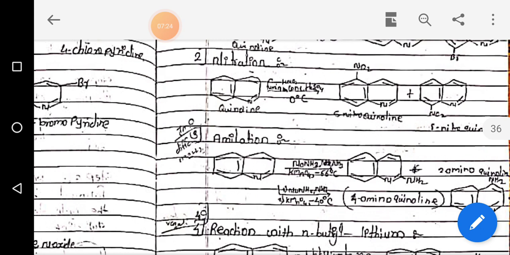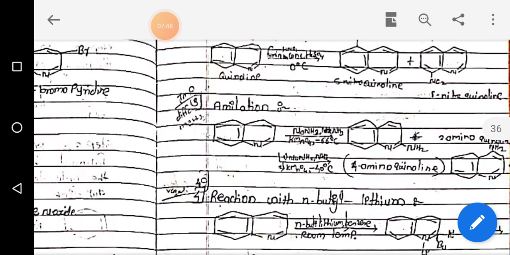For the nitration, we use the nitrating agent, concentrated H2SO4 along with concentrated HNO3, the well-known nitrating agent. Nitration also takes place at position 5 and position 8. So we will get 5-nitroquinoline and 8-nitroquinoline as the two products of this reaction.